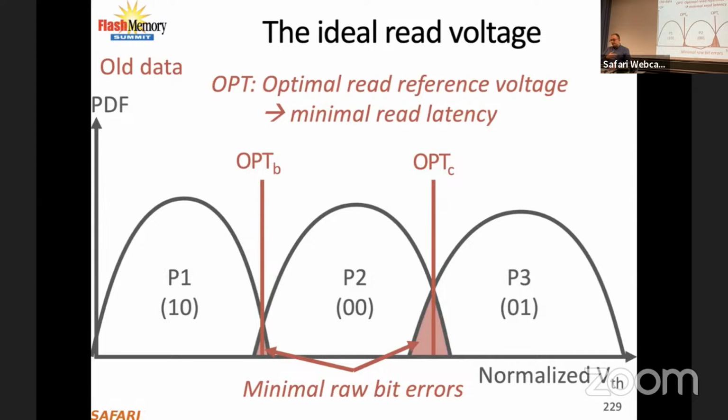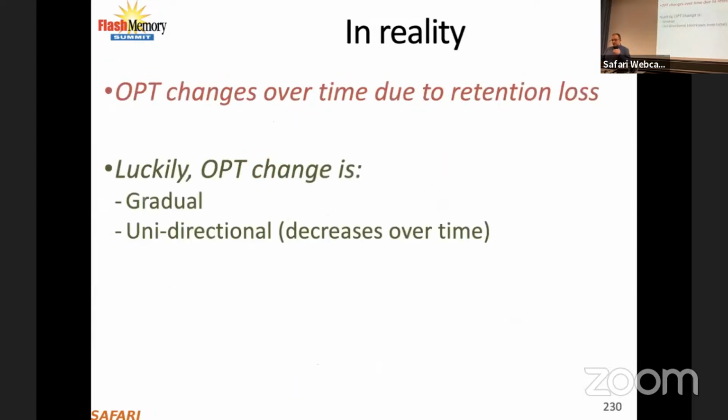We showed that the threshold voltage can also shift to the right because of the write interference problem, you remember? But for retention error only, things will just go to the left. And that's a very good thing, because that can make your model easier.